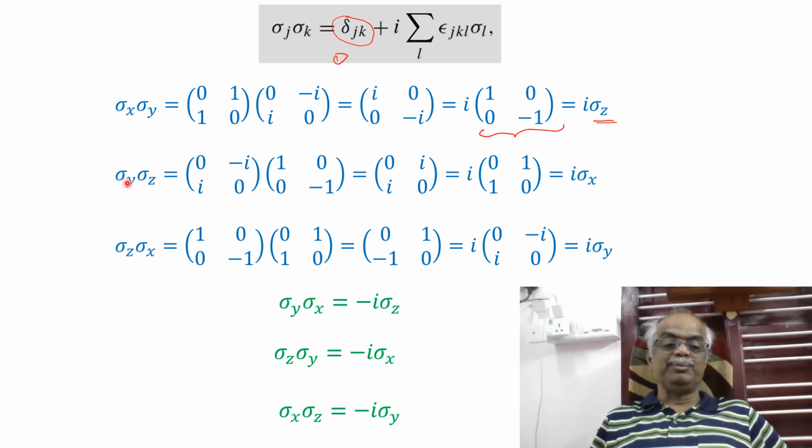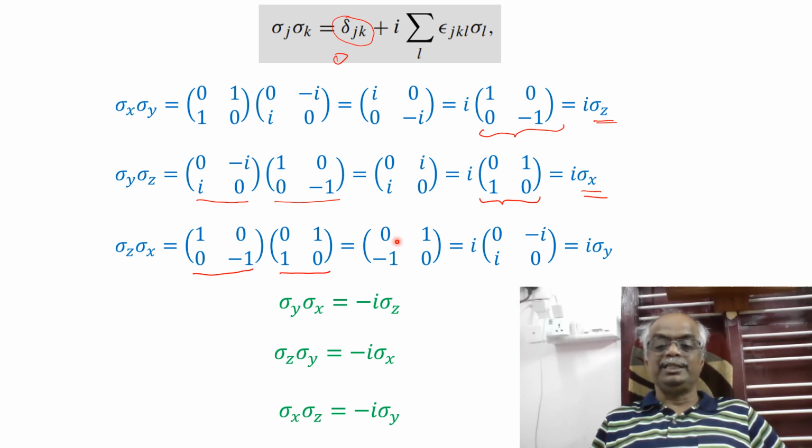Same thing, if you multiply sigma y and sigma z, this is the sigma y matrix and this one is the sigma z matrix. If you multiply this, you will get 0 I 0. So if you take I outside, you will get 0 1 1 0, which is equal to I times the sigma x matrix. Of course, you have I outside. Same thing, if you multiply sigma z and sigma x, this is the sigma z matrix and this is the sigma x matrix.